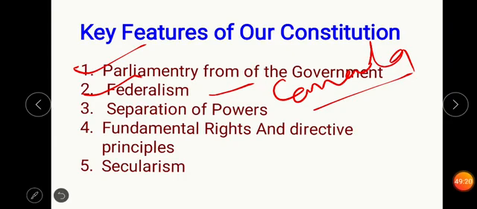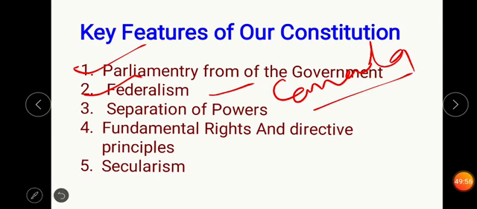The third list is the concurrent list. It consists of subjects on which both the central and the state governments can make laws. But in case of a clash, the central law will prevail. So in the end, the center will be responsible; it has more power than the state. So this is about the federal structure.